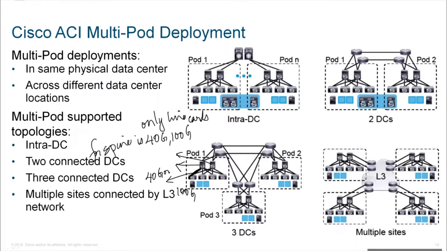So that means whatever device you connect to for inter-pod network has to be at least 40 gig or 100 gig.